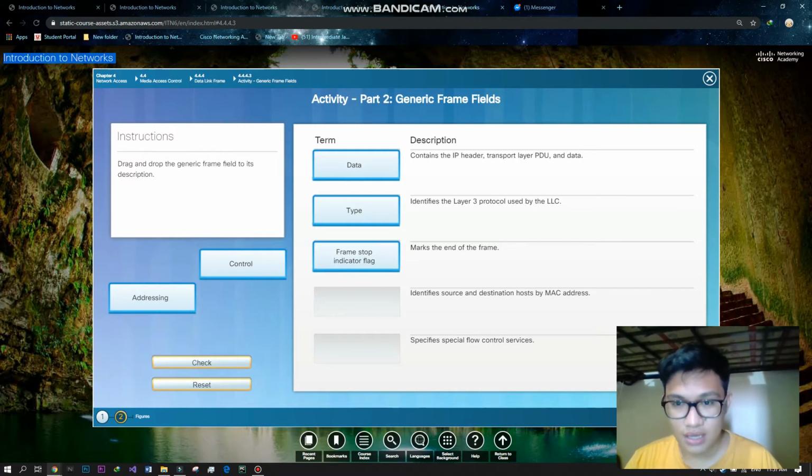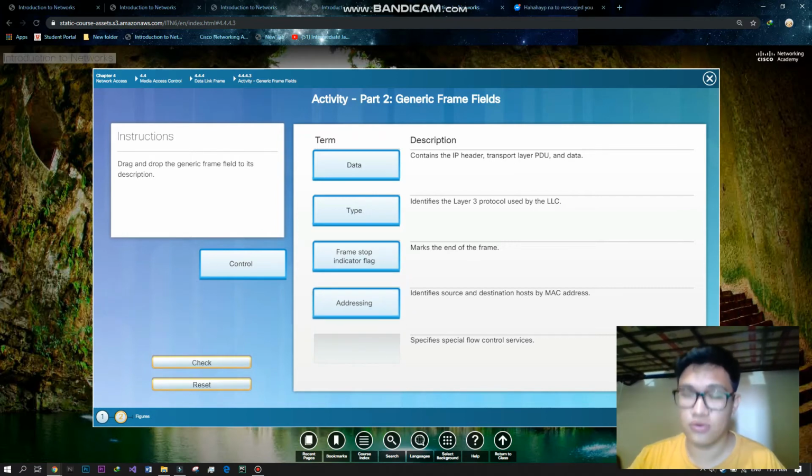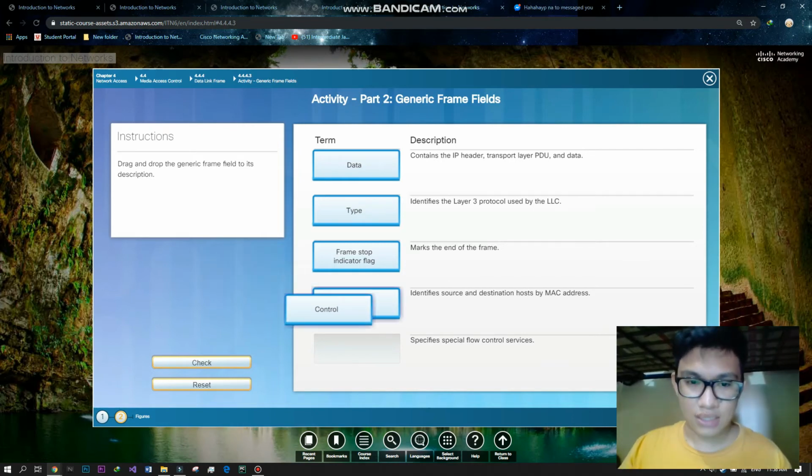When we say by using MAC address, of course it's the addressing of your data, to which IP and MAC address, in which place it needs to go. Specific special flow control services, and it is the control.